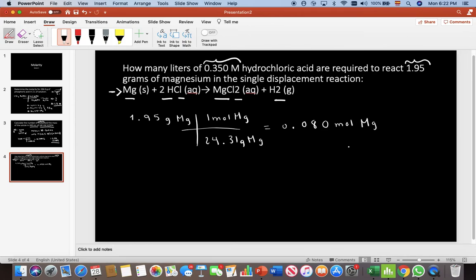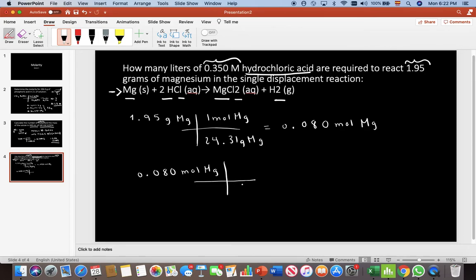Perfect. Okay, so let's take this into consideration for our molar ratio. So we have this amount of moles of magnesium, right? Actually, I'm going to do it down here. So 0.080 moles of magnesium. And looking back at our equation, because we want to know our hydrochloric acid, remember.